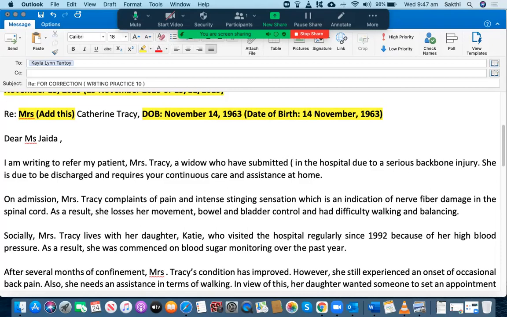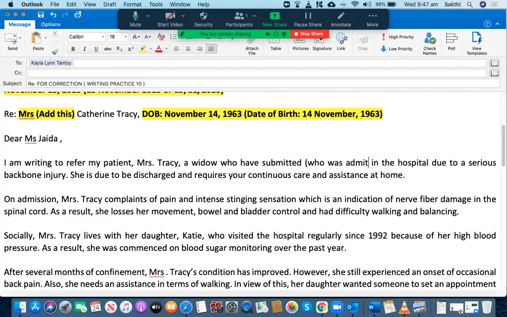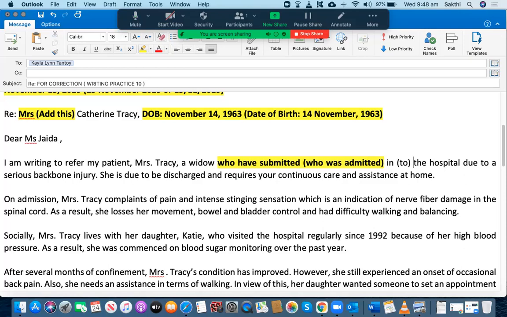So it must be Mrs. Tracy, a widow who was admitted. Instead of writing "who have submitted," you have to use "who was admitted." That's the most appropriate way of writing it. Not "submitted in the hospital," but "admitted to the hospital." That's the correct preposition you have to use.